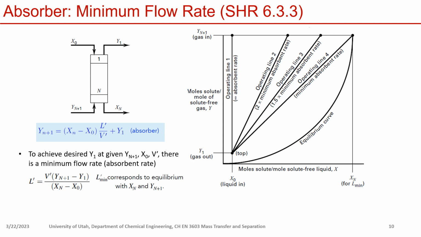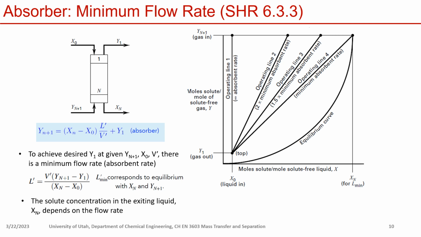At the minimum flow rate, the x coordinate of this point can be read from the equilibrium curve. Then you can just plug in that value with x0, yn plus 1, and y1, which are given. Then you can compute the minimum flow rate.